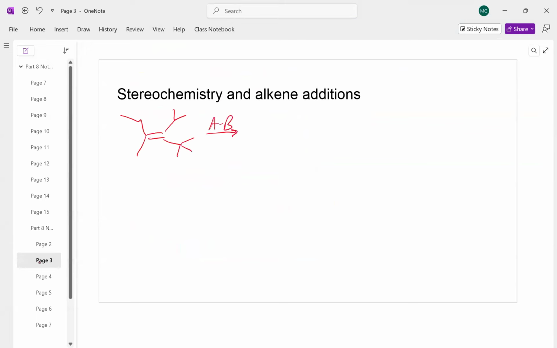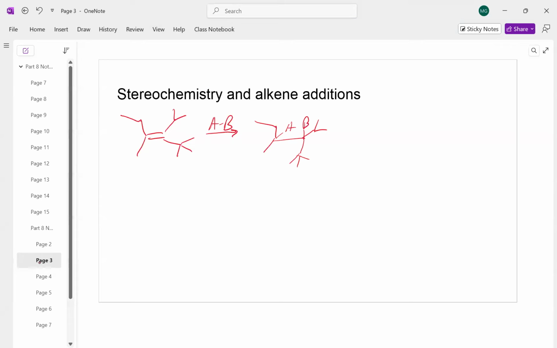So adding A and B. And the thing we said was, we could get up to four products. Again, we're not always going to get all four, especially if we're doing a syn addition. You've seen in the past, we've only got two products. Doing an anti addition, we only got two products.